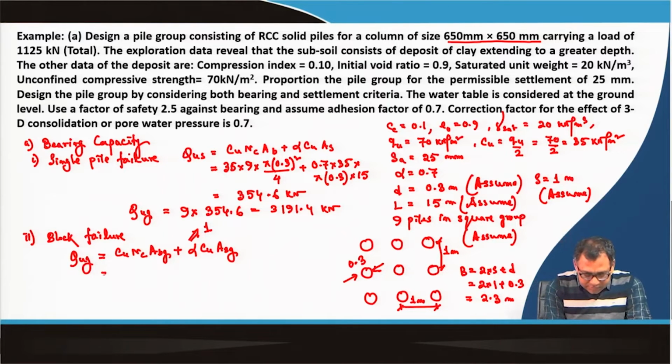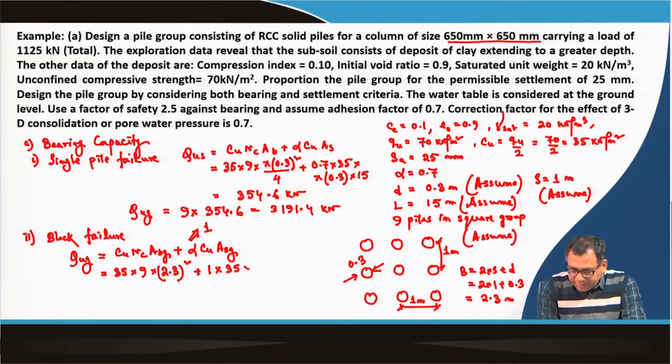So, here Cu is 35, again Nc is equal to 9. Now, this is the square pile group whose B is 2.3. So, this will be 2.3 square, plus adhesion factor is 1, Cu is 35, then the perimeter is 2 into (2.3 plus 2.3), and length is 15.